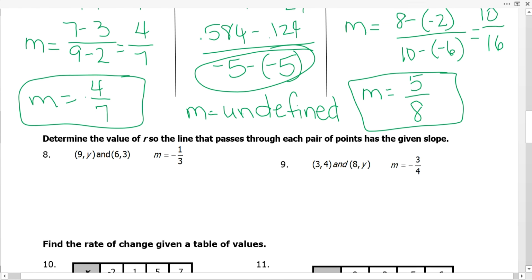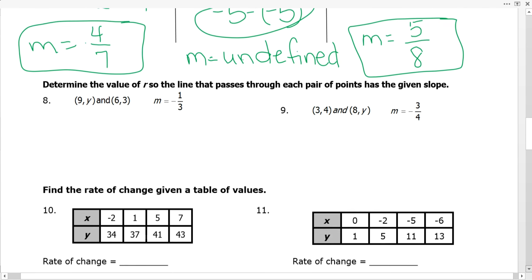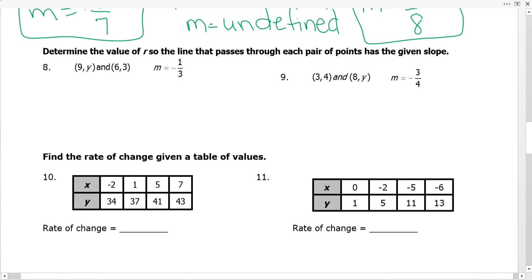8 and 9 are a little bit different because we're working backwards, basically. It says determine the value of r, but what it really means is we're finding y, right? So we're finding the value of y so that the line through 9, y and 6, 3 has slope negative 1/3. So we're going to call this x1, y1, x2, y2. When I write my slope, I already know my slope, so it's negative 1/3.